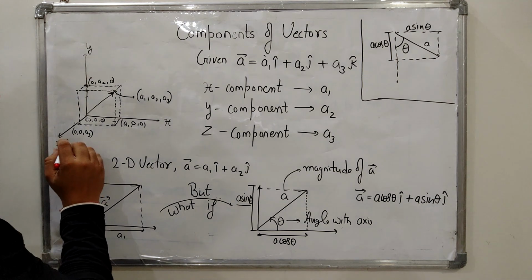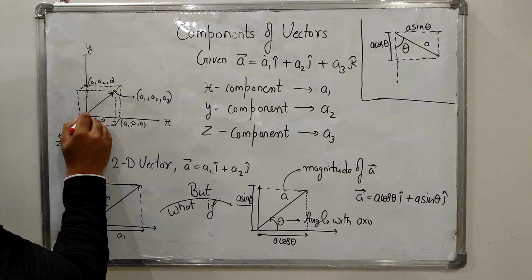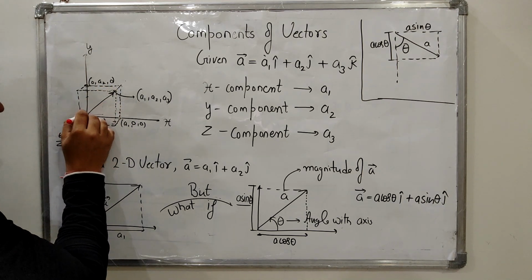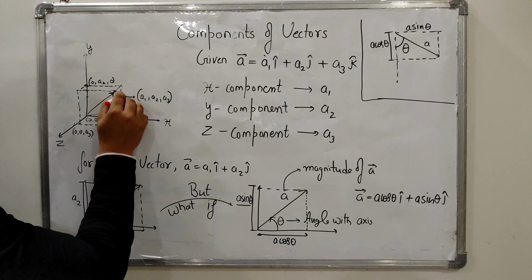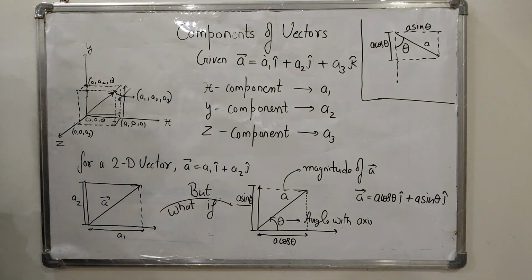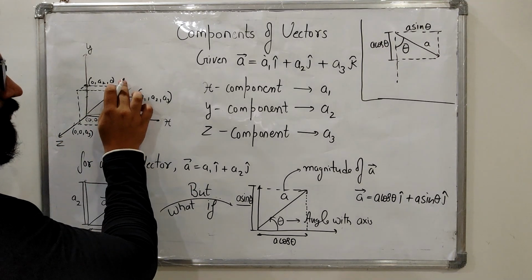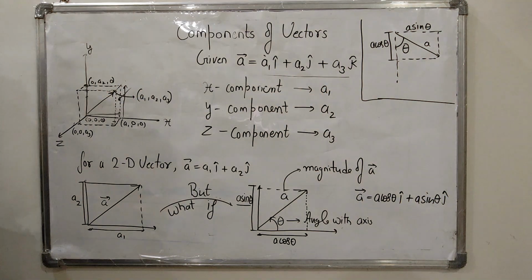So if we are tracing this particular point, we start from the origin, come till this point, then start moving upward, come till this point, and then start moving forward and we reach this particular point. So we can clearly see that it is a1 i cap plus a2 j cap plus a3 k cap. That's what we depicted in the previous video as well.